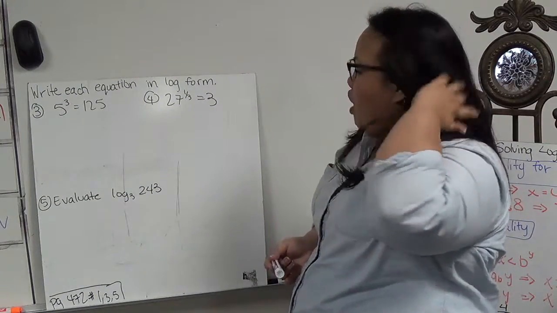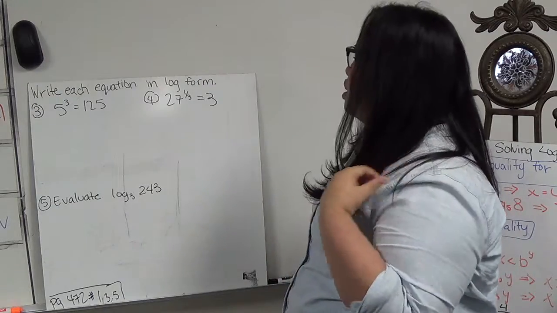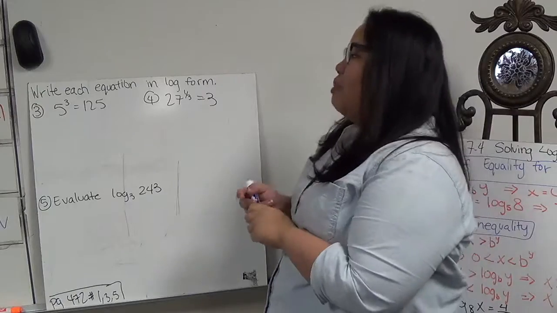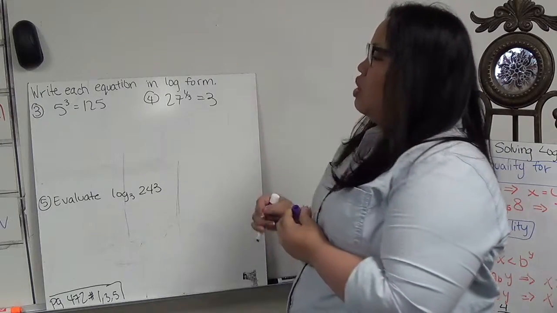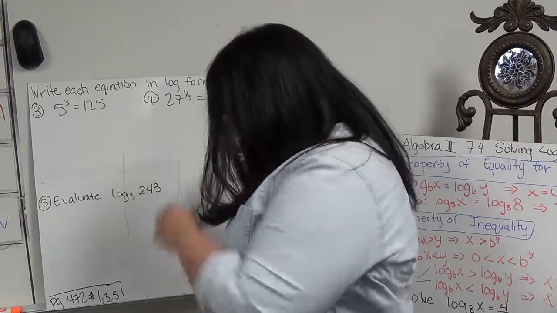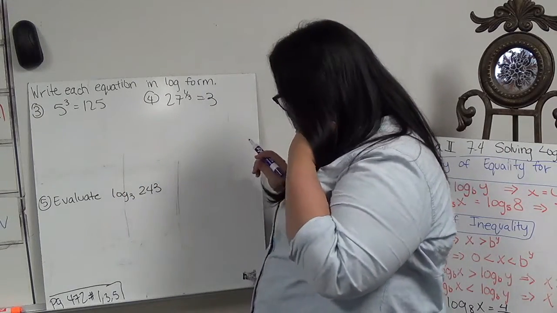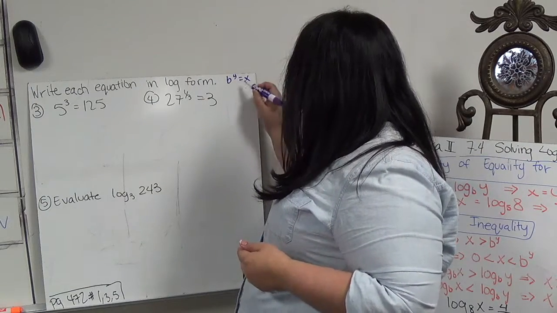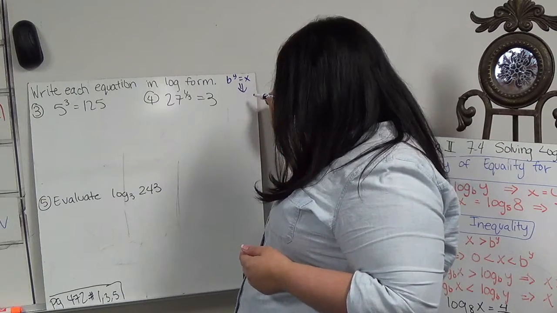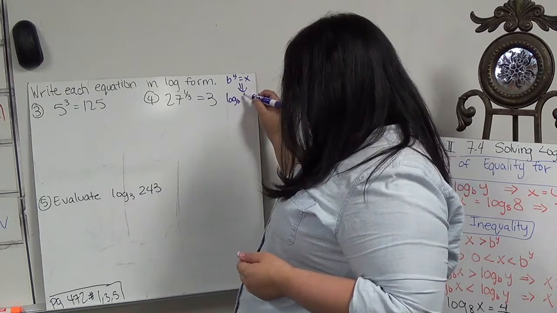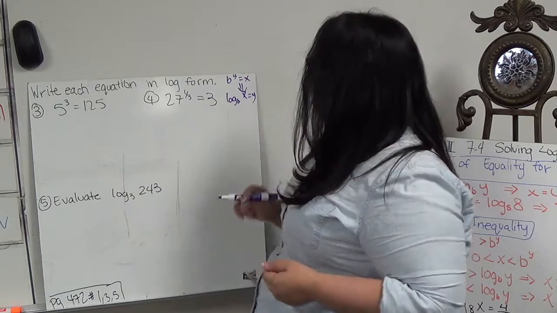Okay, so on number 3, it's asking us to write equations in log form. So now we have to do the opposite, but it's the same method. What we're going to do is identify. If you look at your notes, it's b to the power of y equals x, and you transform that into log base b of x equals y.